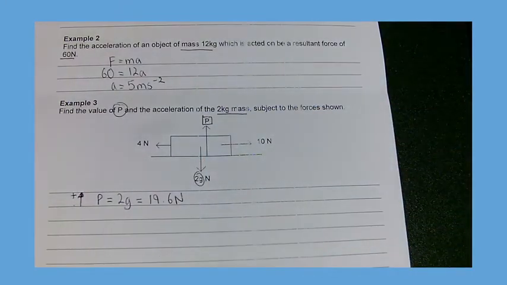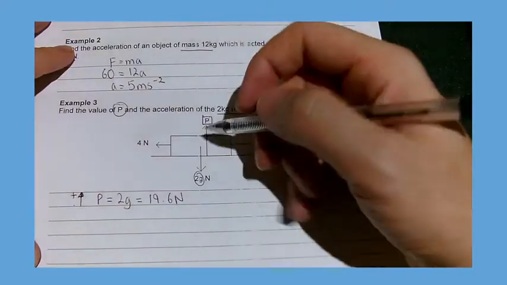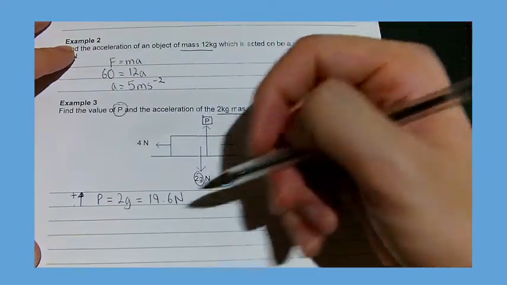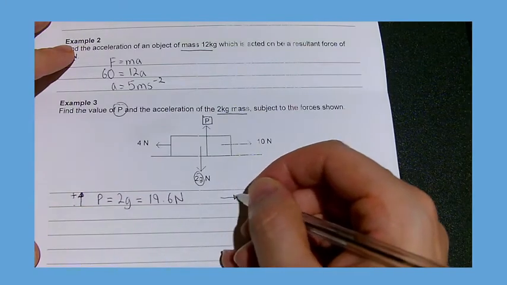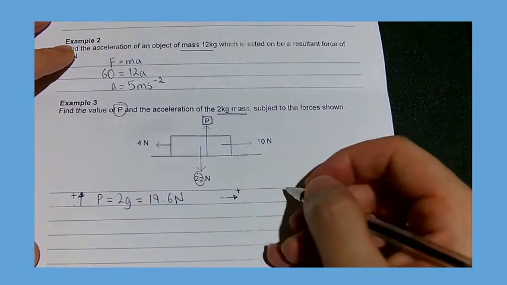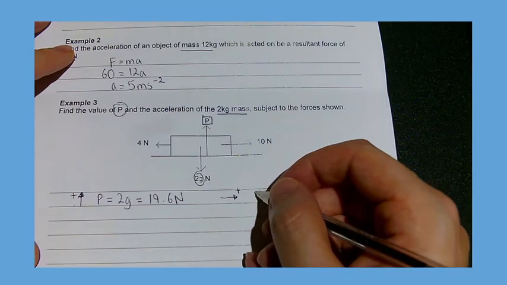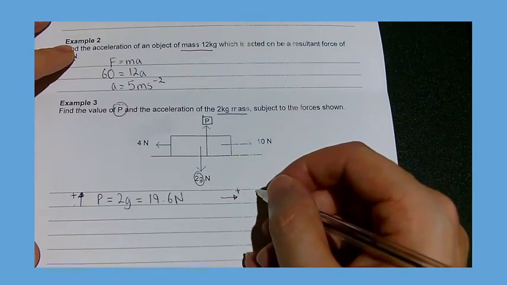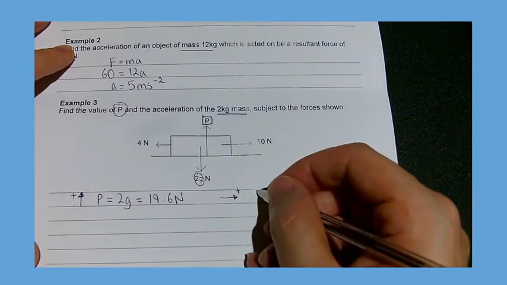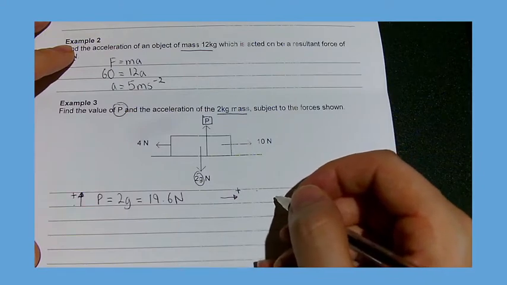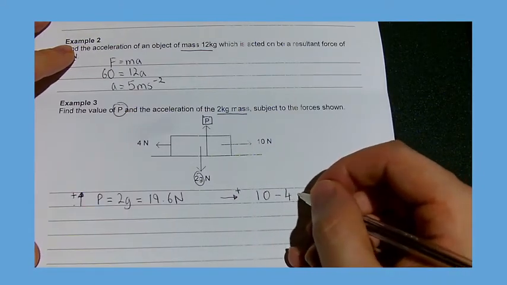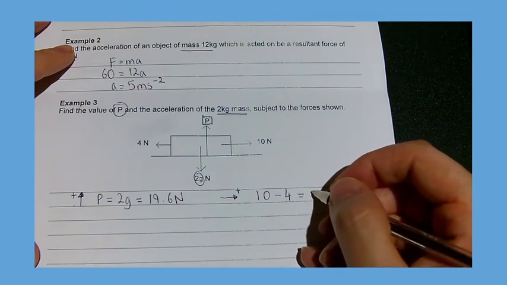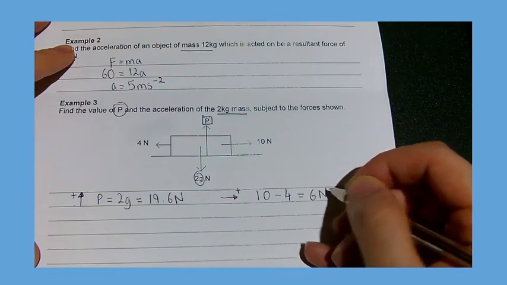Now if vertically there's no overall resultant force, what's going on horizontally? Well, horizontally I need to think about what the resultant force would be. If I take the right direction to be positive, then the overall resultant force will be 10 minus 4, which is 6 newtons.